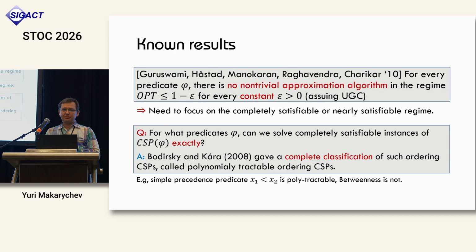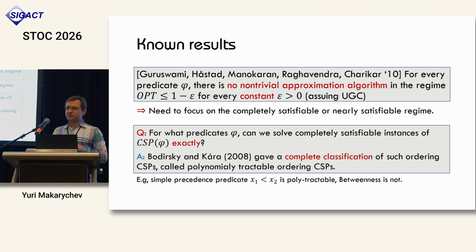Now, let me mention what is known about this problem, and let's start with kind of bad news. Guruswami, Håstad, Manokaran, Raghavendra, and Charikar showed, loosely speaking, that for every predicate phi, there is no non-trivial approximation algorithm if opt is less than 1 minus epsilon, where epsilon greater than 0 is a fixed constant.